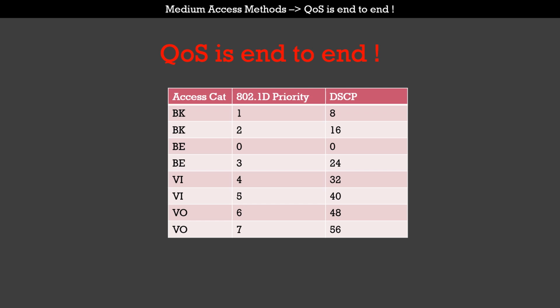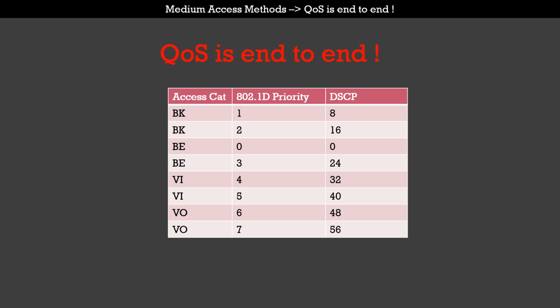It is generally the responsibility of the access point or the controller to translate the wireless QoS into a wired compatible value, depending on what configuration is present on these devices. This also means that the access categories, or the way of prioritizing things at the wireless LAN level, should also be carried forward through the wired segment.